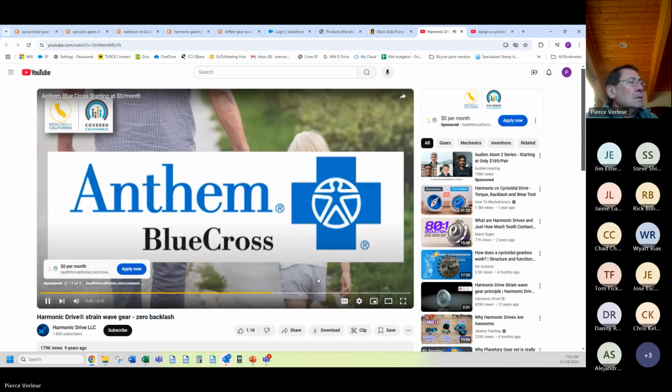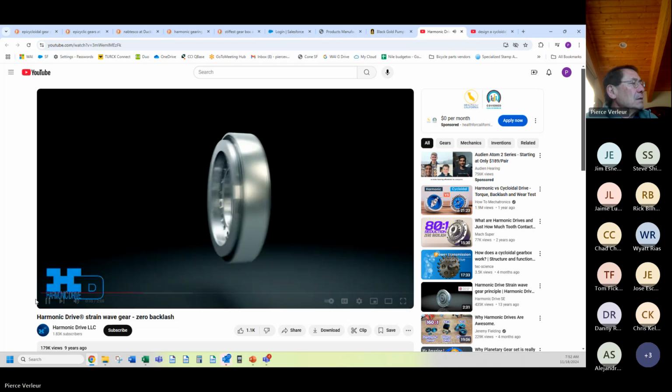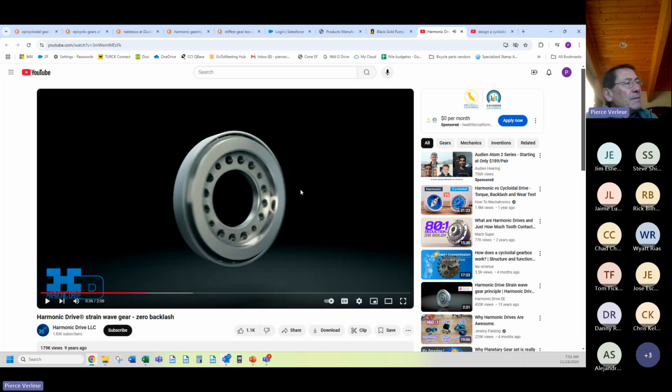Now, in the epicycloidal, as you remember, this ellipse was the yellow section driven by the input shaft. Same in the harmonic drive.